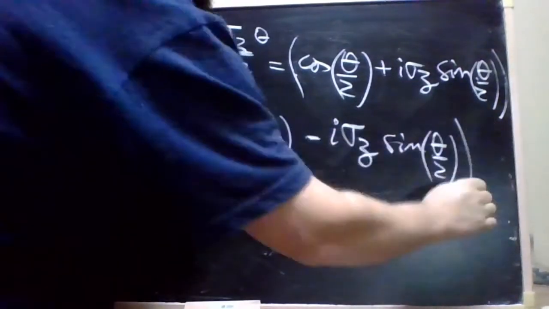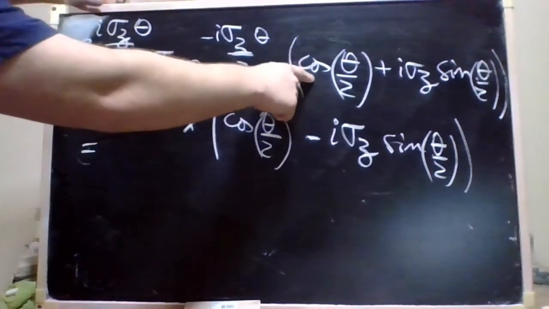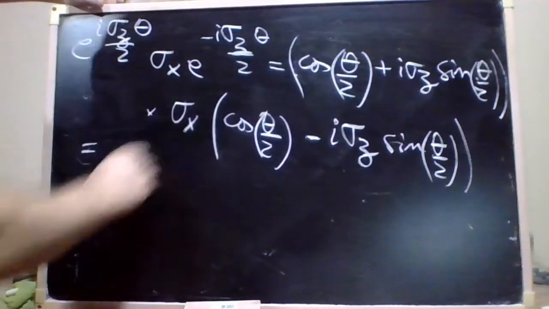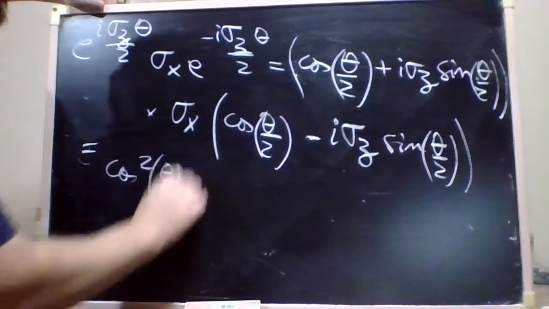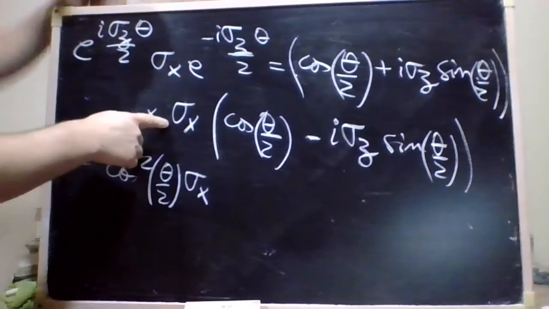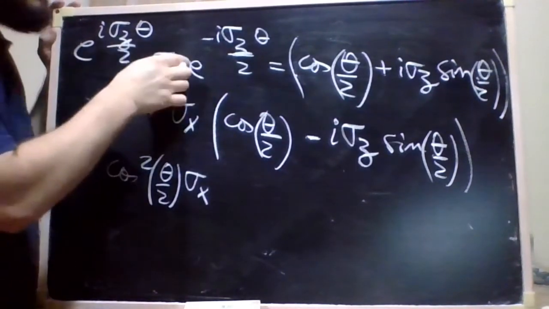You can multiply all the things here. Multiplying this, you'll get cosine squared theta over 2 sigma x, because this matrix I cannot forget, it's in the middle of the calculation. This, multiply that.